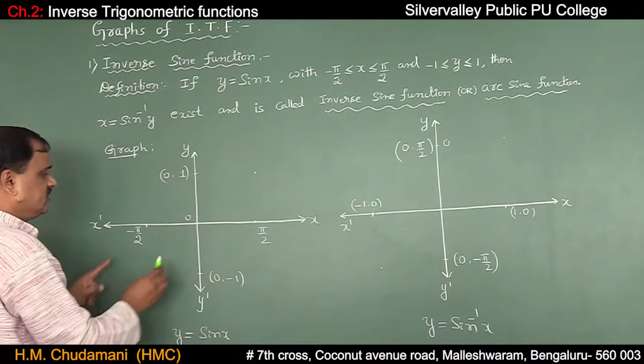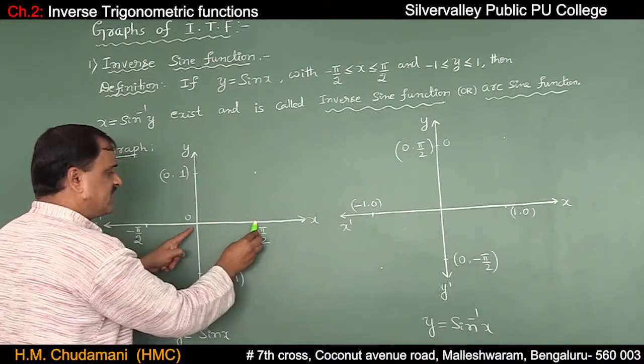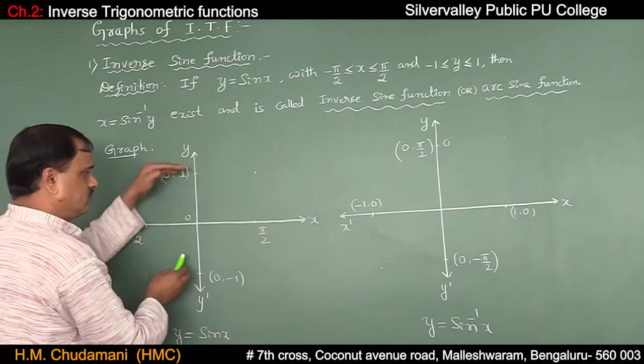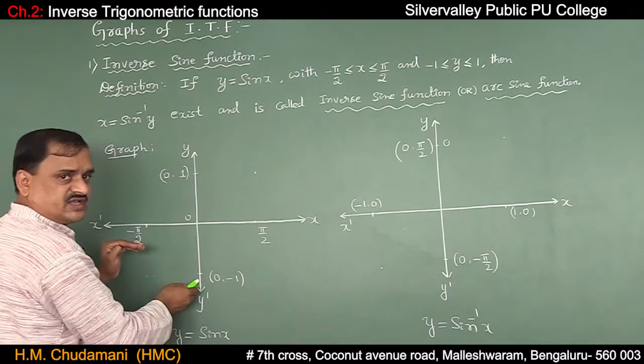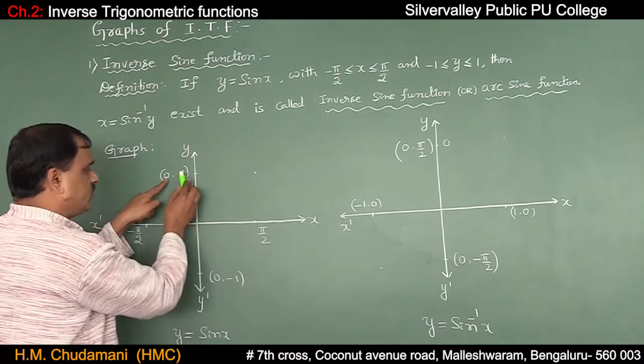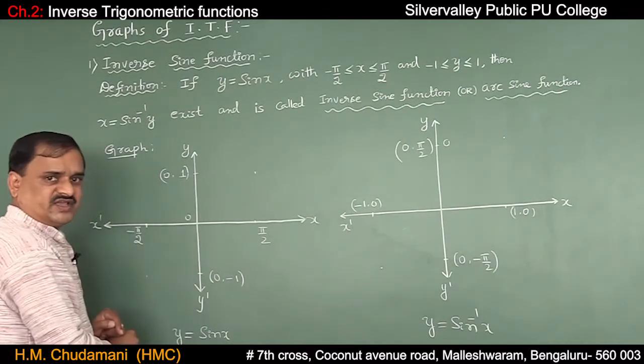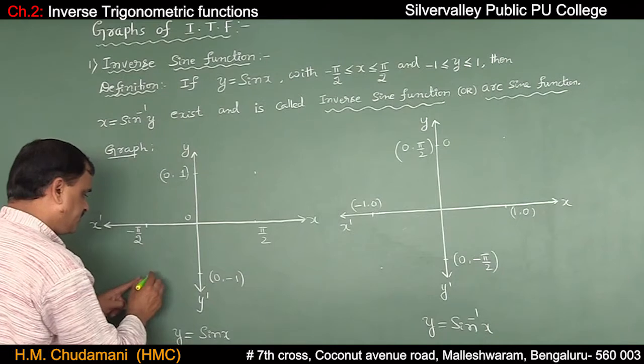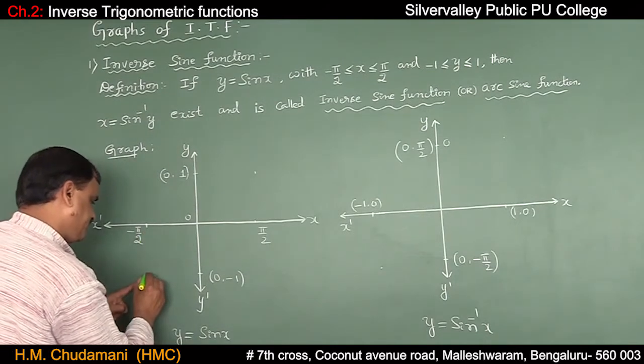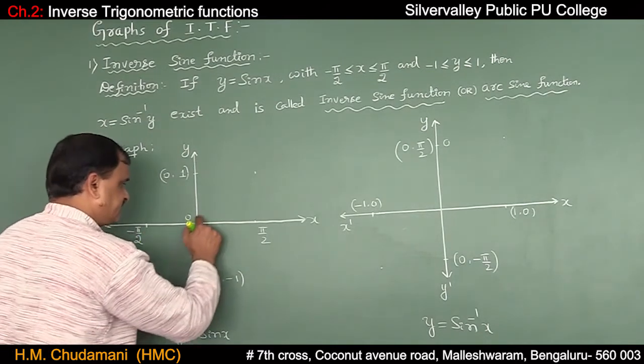See the graph. 0, pi by 2, this is minus pi by 2, maximum 1, minimum minus 1. This point is 0, 1, this is 0, minus 1. So you know the graph of the sine function, just like this.